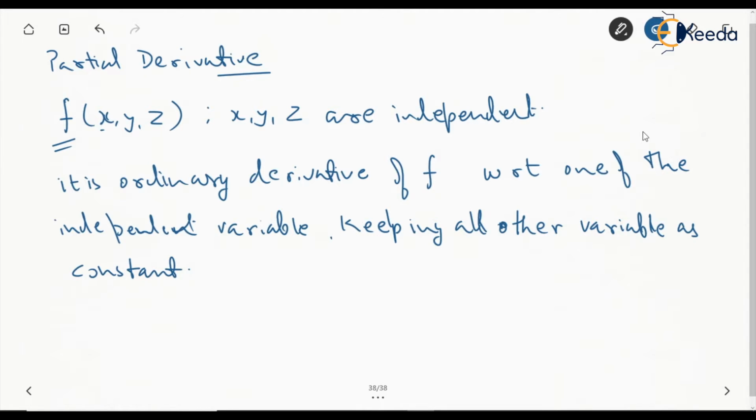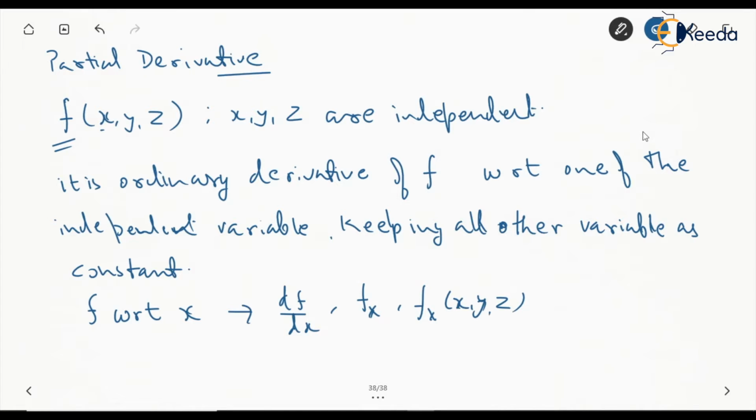Right? So let's say if you are trying to differentiate this f with respect to x, then this may be denoted as df by dx. This may be denoted as fx. This may be denoted as fx of x, y, z, right? These are the possibilities.